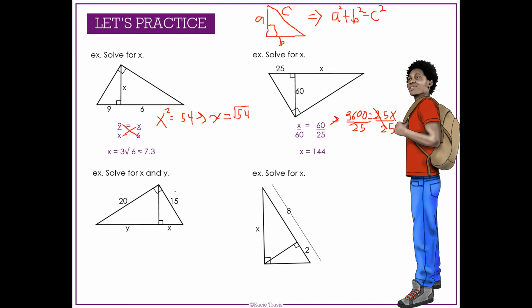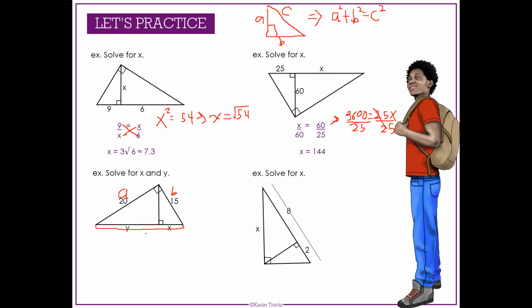So we have over here 15, that's B. 20, that's A. Or you can switch it around and say this is A, this is B. It's interchangeable. Now, we're using this to find our side here where X and Y is at.